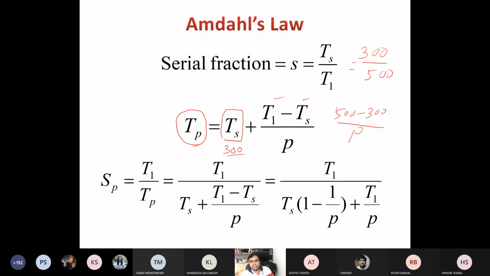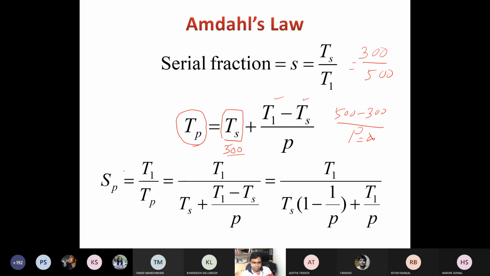Whatever the number of processors, this is not reducing. Only this part is reducing: 200 by 3, 200 by 4, 200 by 5, 200 by 100, 200 by million. Even if P is infinite, this 300 will continue.